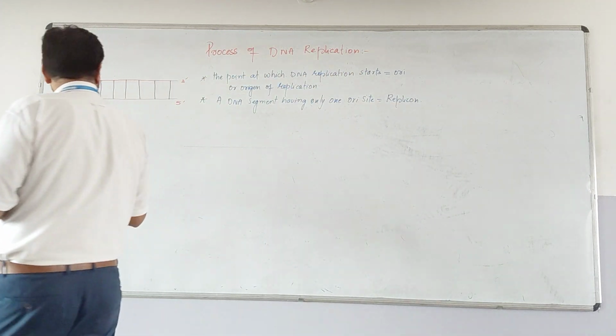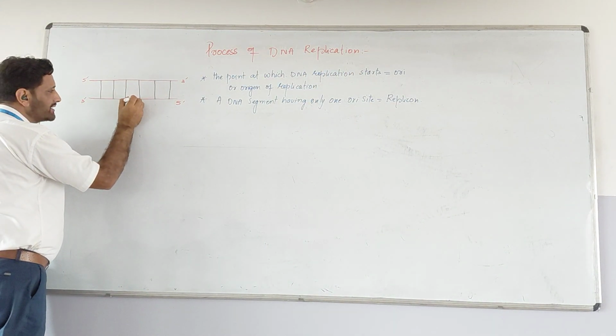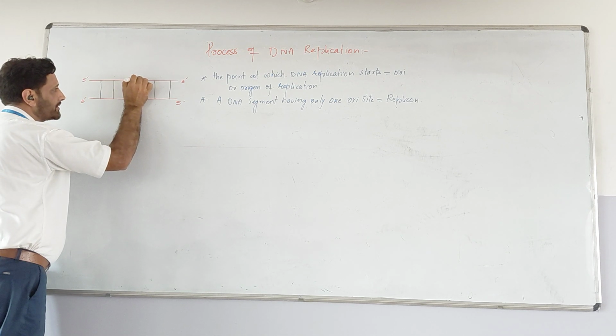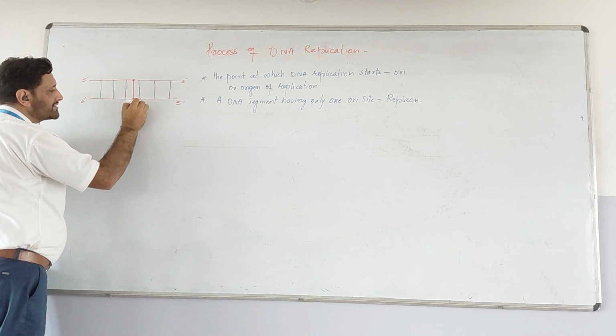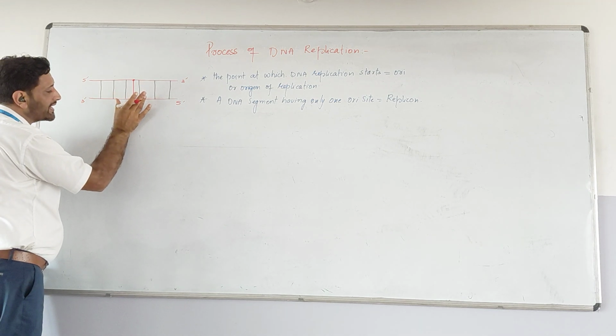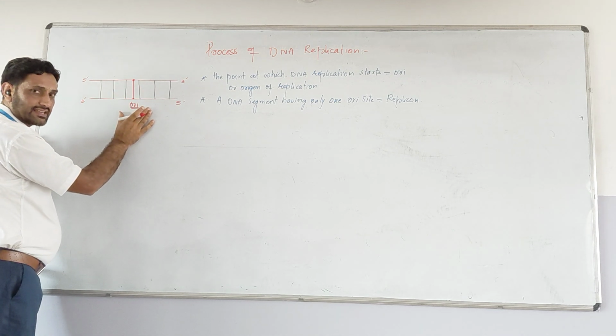Suppose this point is the site where there is the ORI site. So this site is called the ORI site. At this site, the replication starts. Is this clear?